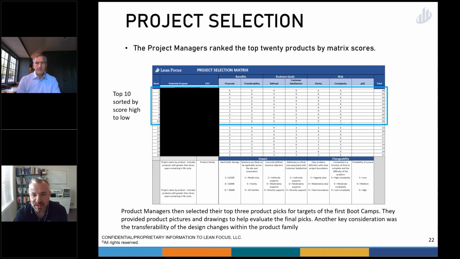We gave them a criteria matrix to score those projects based on things like financial benefits, impact to profitability, how transferable the changes are across different product lines and businesses, whether they are aligned with defined business goals, whether they enhance customer satisfaction, and whether there is any risk associated with those changes in terms of clarity, complexity, and probability of success.